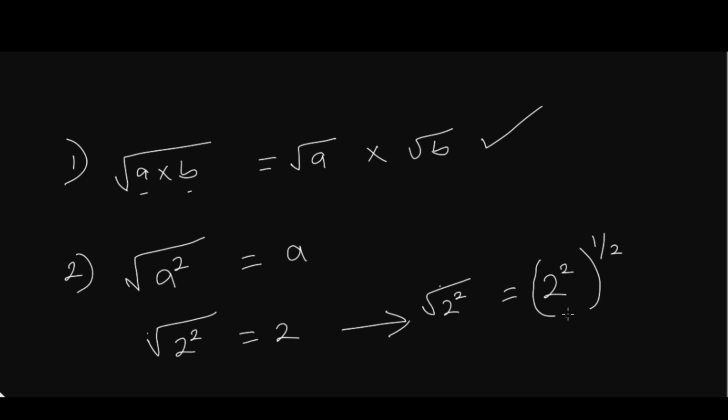And if I have this, it means that the 2 cancels the 2. So what we have left is 2 raised to power 1, which gives us 2. So this is how we got the concept that the square root of the square of a number will always give us that number.